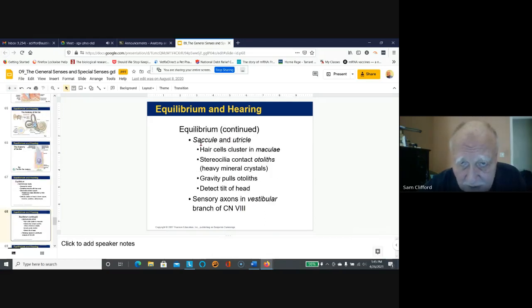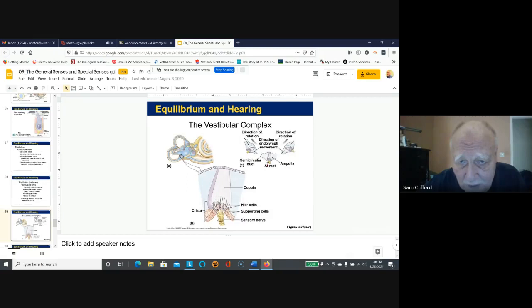So these other structures, the saccule and the utricle, are cells suspended in a jelly-like material, and there are also going to be otoliths, little rocks. And as your head moves, these substances right here, this gelatinous material in the cupula, these structures move depending on the movement in the cupula.